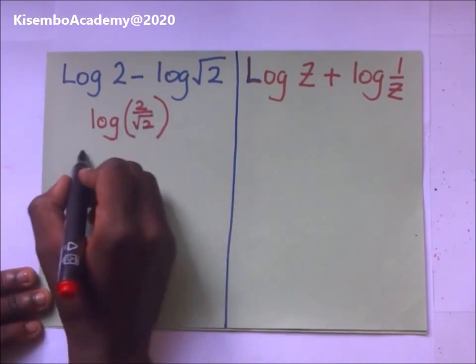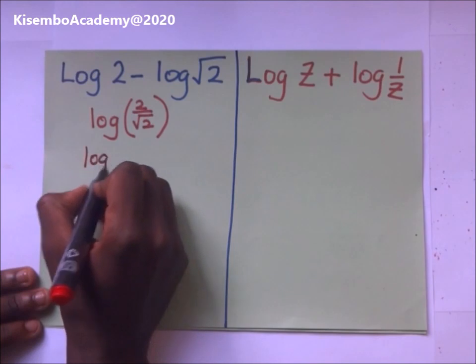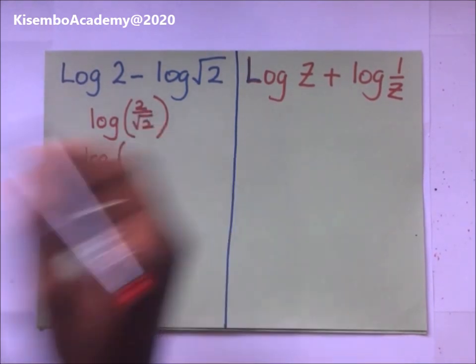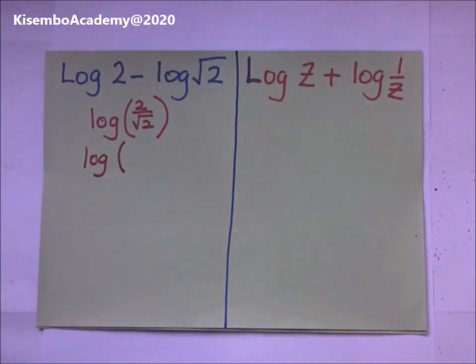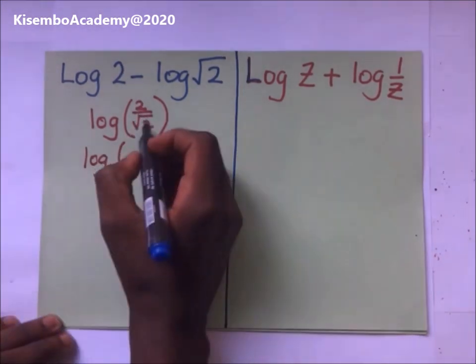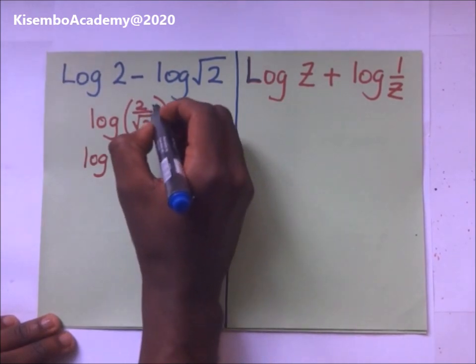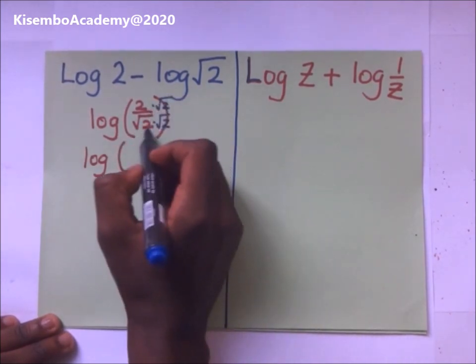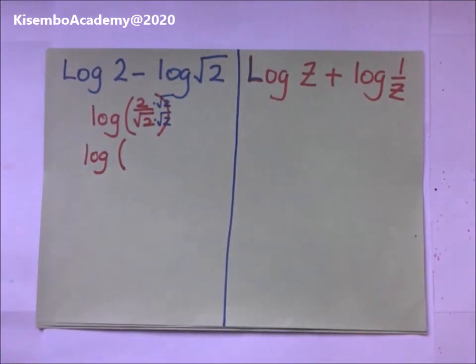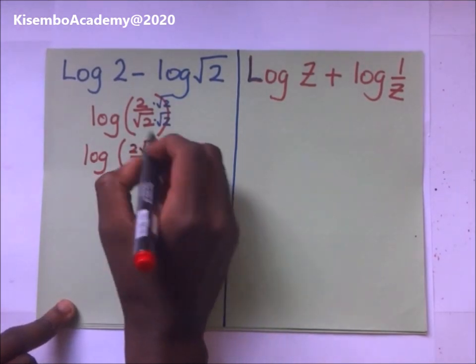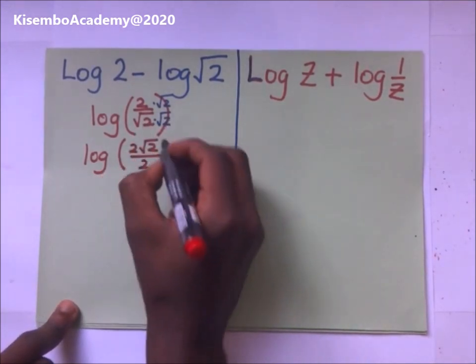When we rationalize this denominator, it means we are going to multiply square root of 2 here times the square root of 2 down here, and up here times the square root of 2 up and down. So that our new logarithm here is going to become 2 times the square root of 2, divided by root 2 times root 2, which is 2.